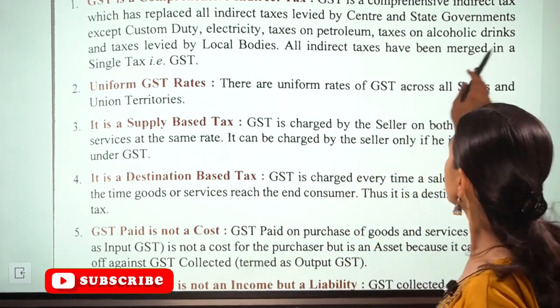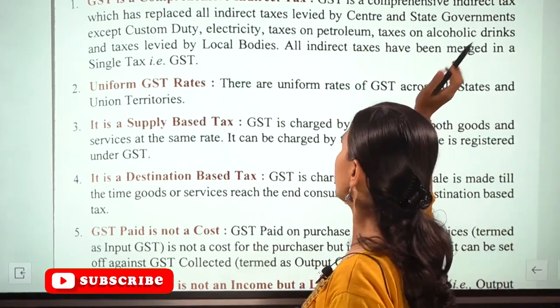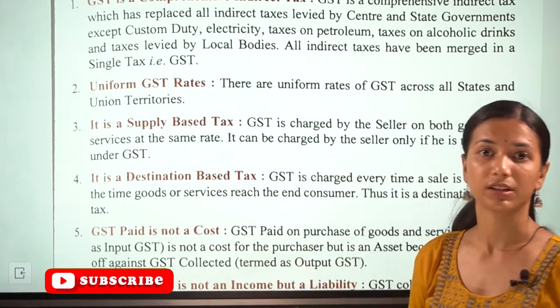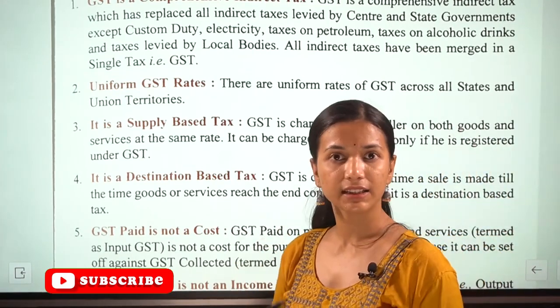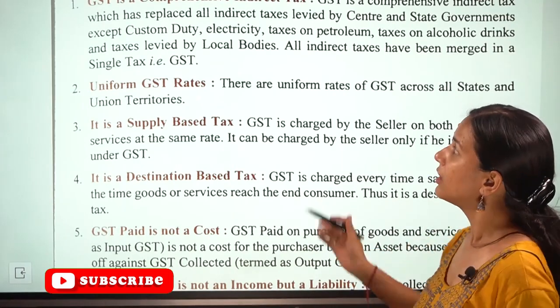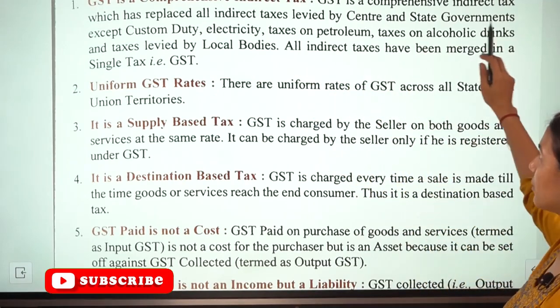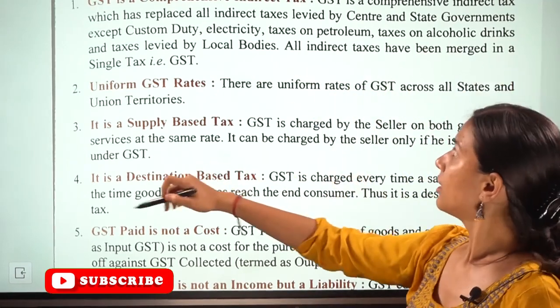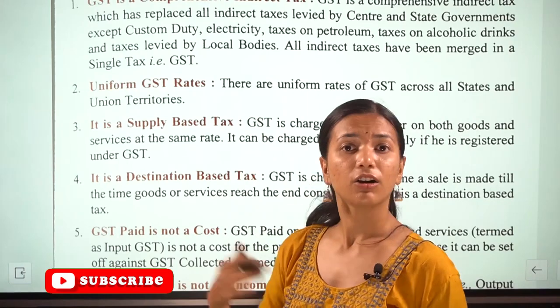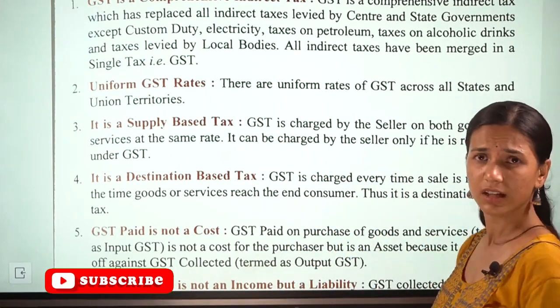GST is a comprehensive indirect tax which has replaced all indirect tax levied by central and state governments. Whatever indirect tax was charged by the central government as well as the state government, except for the custom duty, electricity, taxes on petroleum, taxes on alcoholic drinks, and taxes levied by the local bodies, that means your municipality tax, house tax, those things.